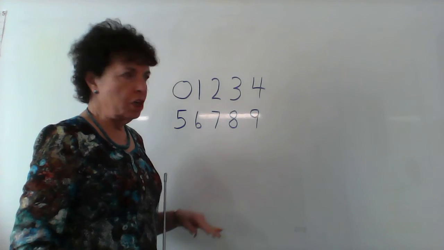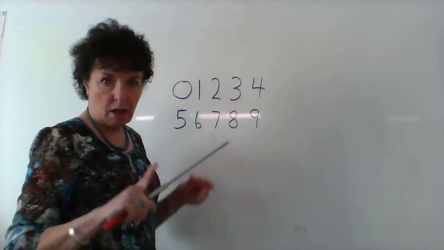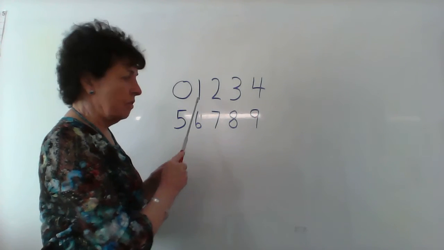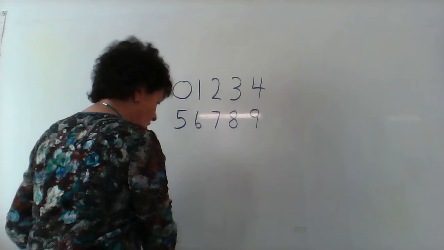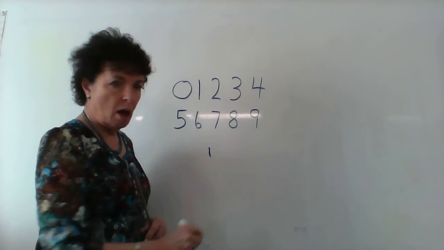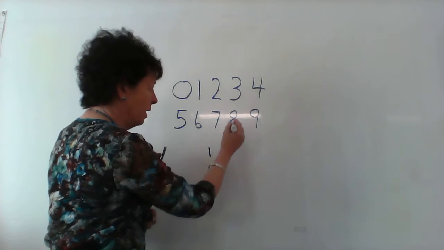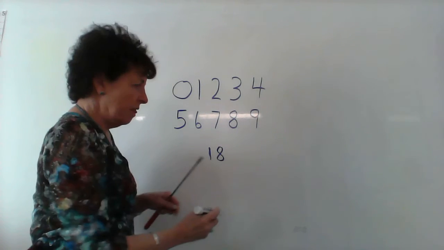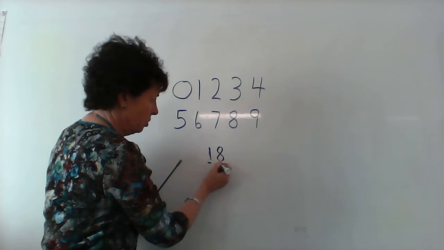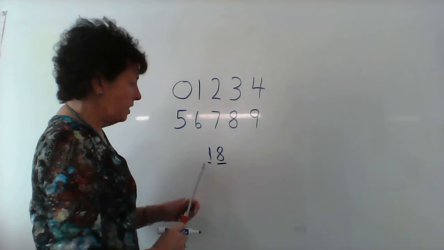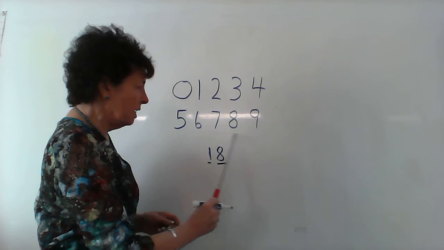And a digit is any one of these numbers. So if you have just a 1 written on your paper, it's one digit. But if you have a 1 and an 8 written on your paper, that is 2 digits. So a digit is just one of these numbers.